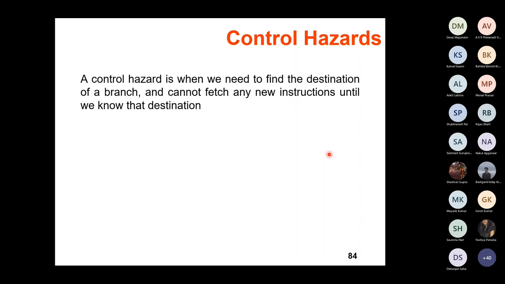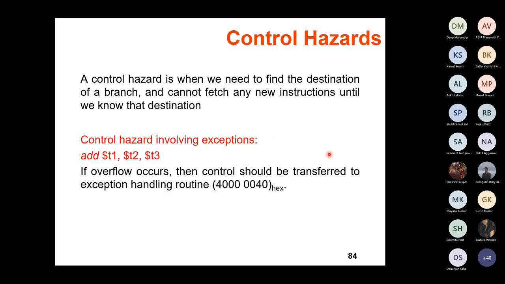If the branch is taken, then the next instruction has to be flushed out. If the branch is not taken, then the pipeline will flow normally. Isn't so? Also, there is another case. Suppose you have an instruction like add T1, T2, T3, and after the addition operation an overflow occurs.